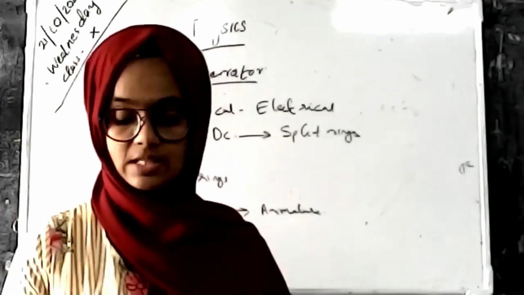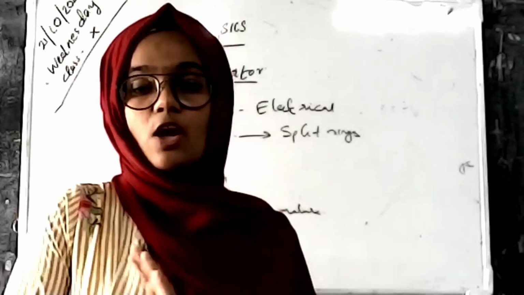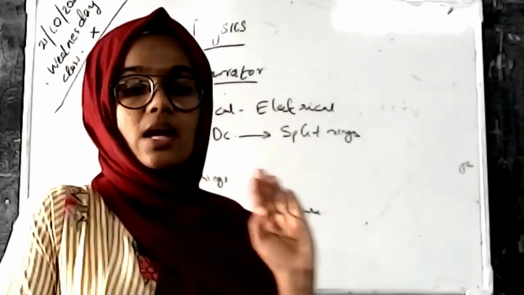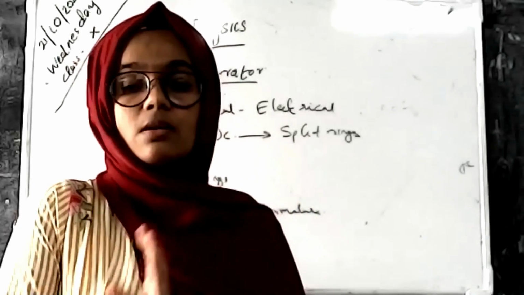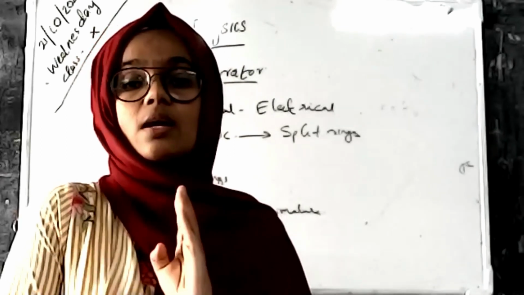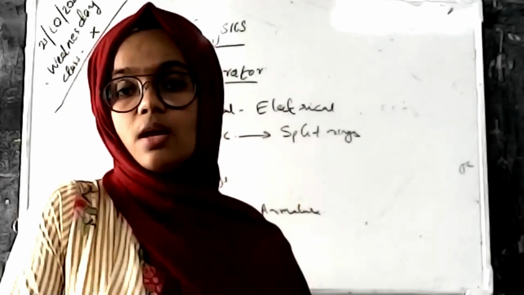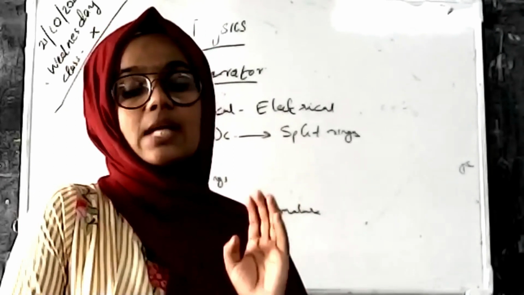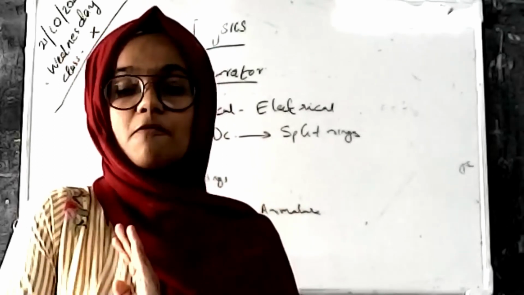And we already discussed mutual induction. A primary coil and a secondary coil are connected on a soft iron core, and the first coil generates an induced current in the second coil, and that second coil has an induced EMF based on the first coil.